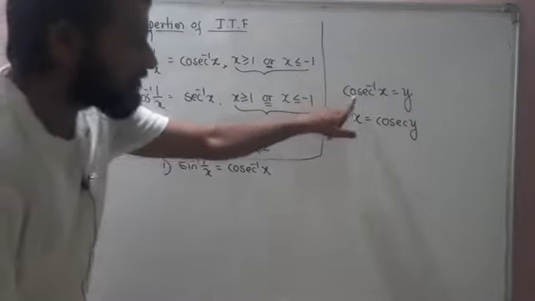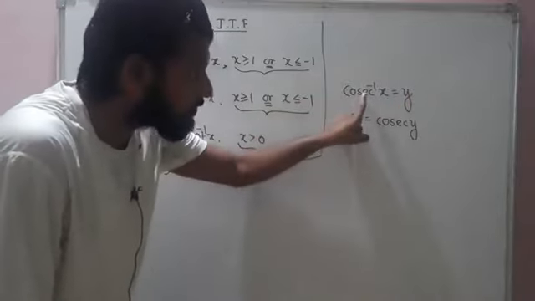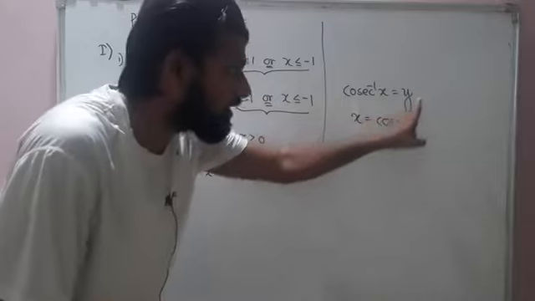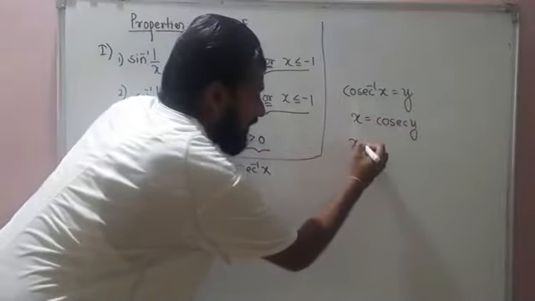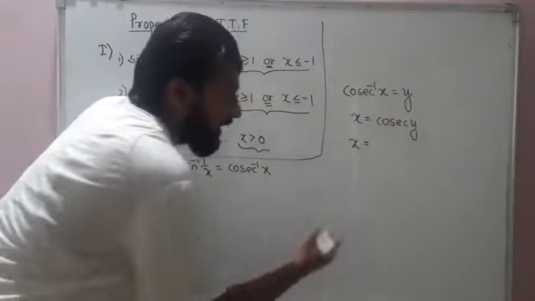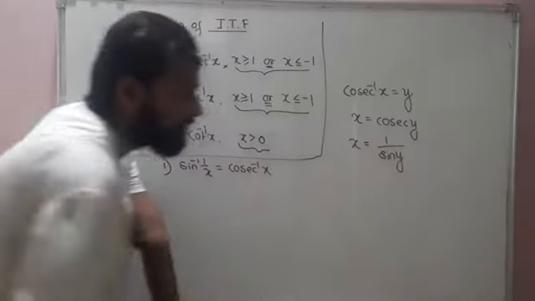How? This cosec inverse goes to that side. I hope all of you know that. If cosec inverse goes to that side, it becomes cosec. So now I'll write this as x equal to cosec y. I can write it as 1/sine y, isn't it?